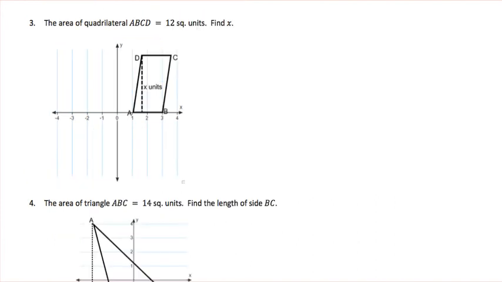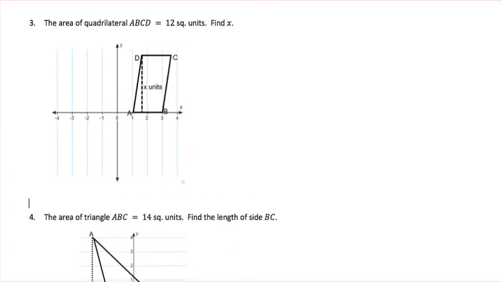Next, we have a problem where we're given the area of quadrilateral ABCD, and they want us to find its height. So we need then to take the formula, which is base times height, is equal to area.